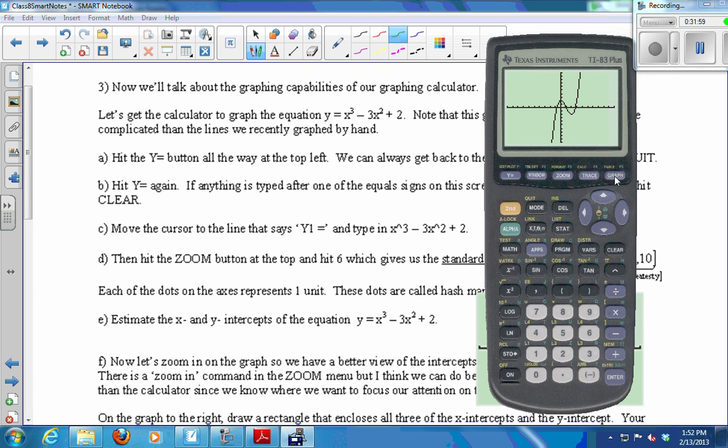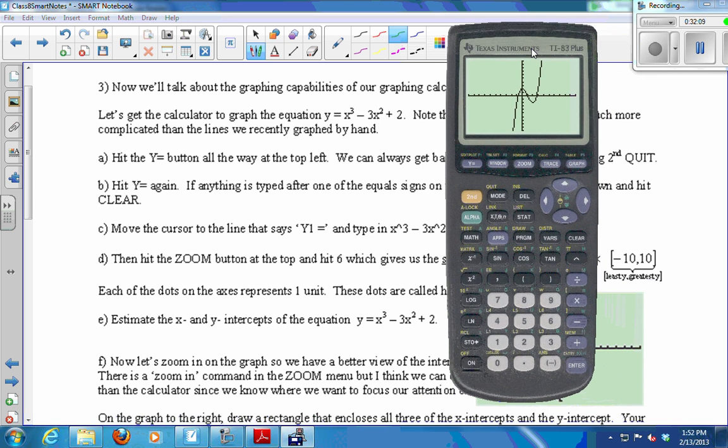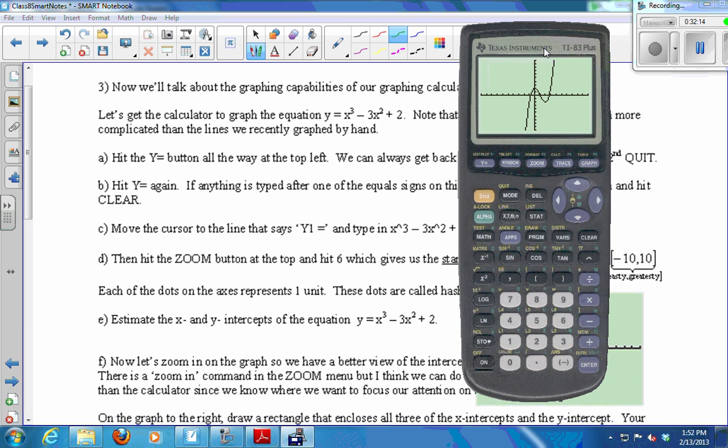Graph is the upper rightmost key. So we have a graph. So we can zoom in. Let's say what we're really interested in is where it crosses the x-axis right here.